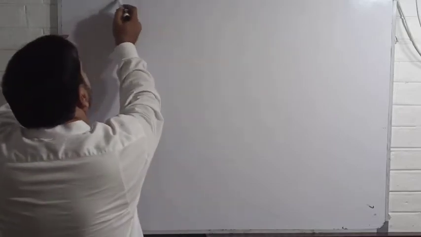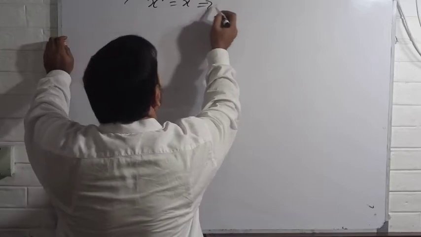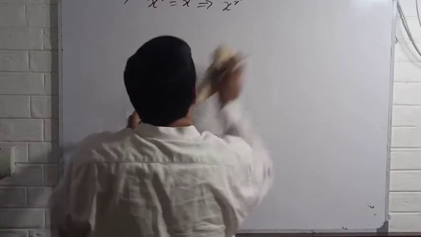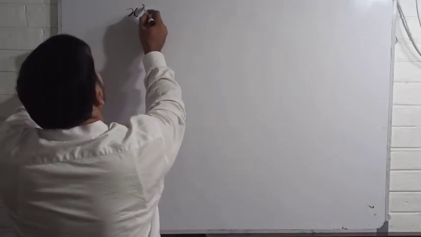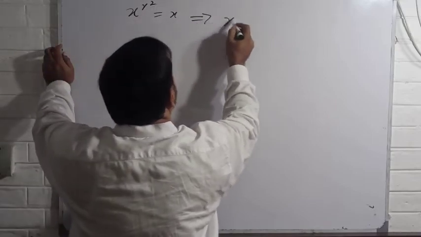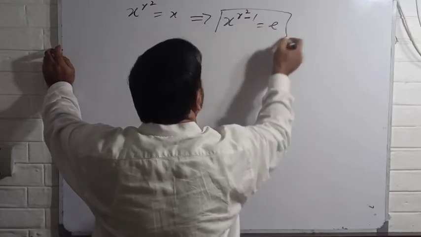x power r square is equal to x. This implies x power r square minus 1 is equal to e.